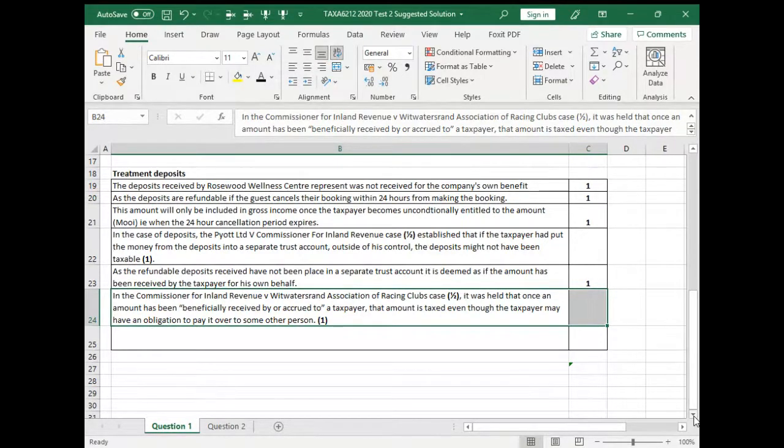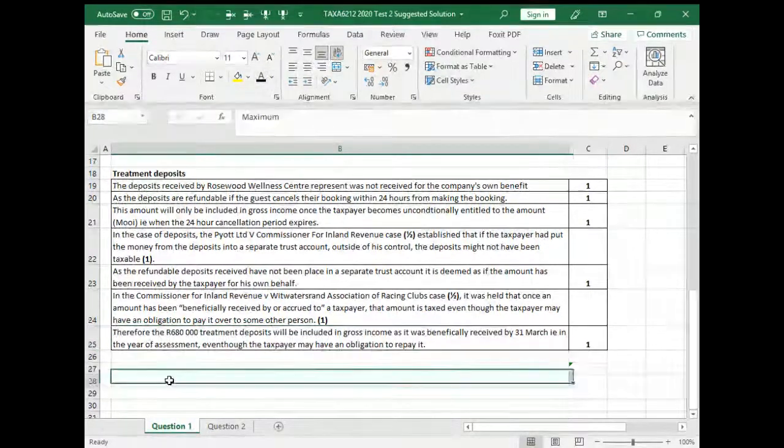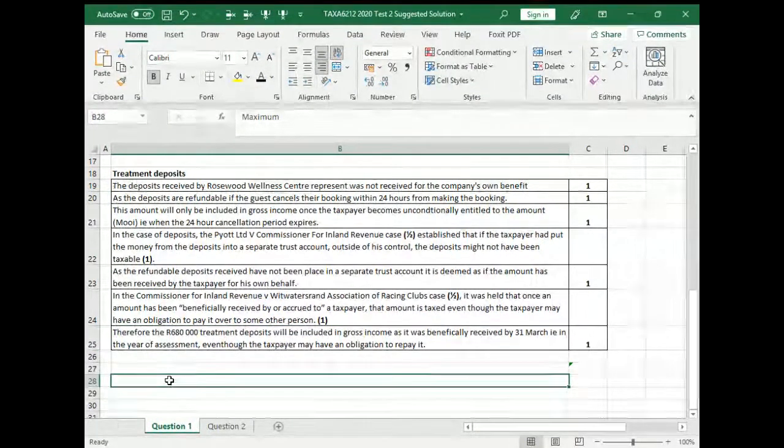What it means is we are getting taxed on it in our gross income. But if you have to refund it in the future, then SARS will allow you a deduction for that amount to reduce your taxable income. So based on this, you would have to include that 680 in your gross income, but in the event that you need to refund it, you will be allowed a deduction.